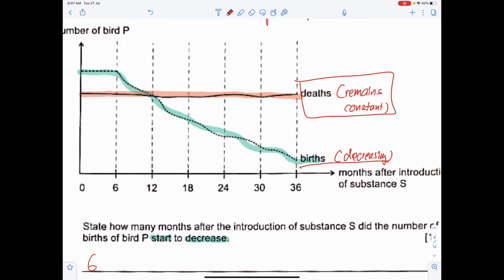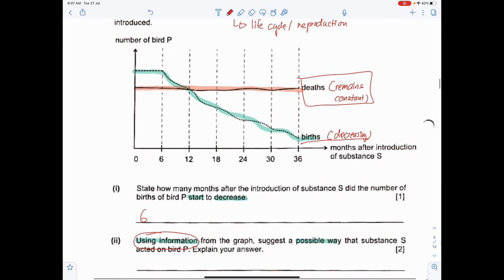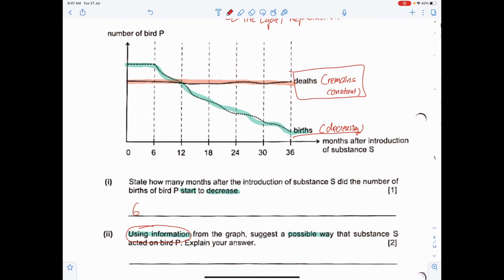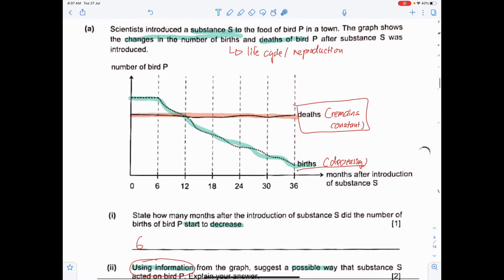Now I have to think of a possibility that could result in such a scenario, whereby the birth rate is decreasing. What could have happened to bird P? Basically, for bird P, the birth rate is decreasing. That's the main thing. So ask yourself, under the topic of reproduction and life cycle, which part of it will probably affect birth rate?